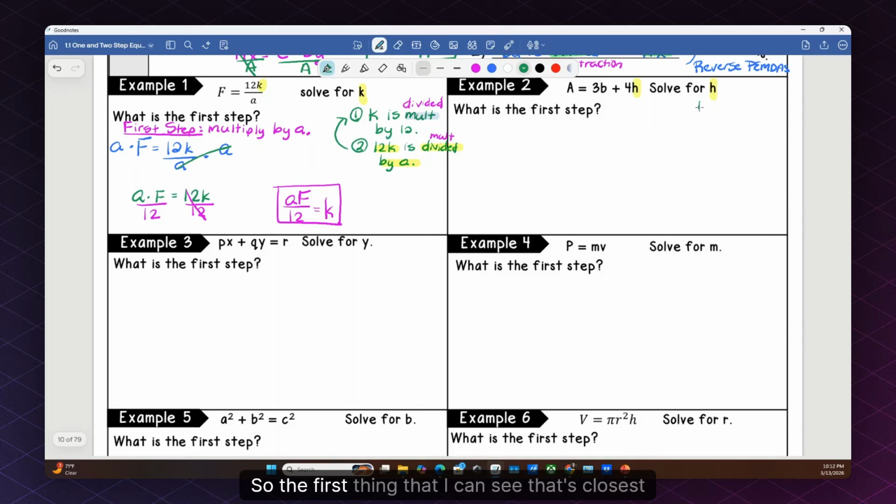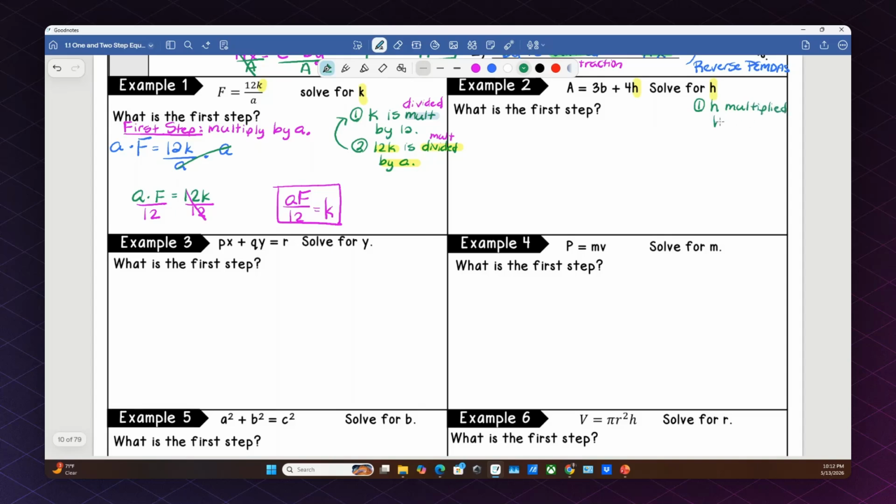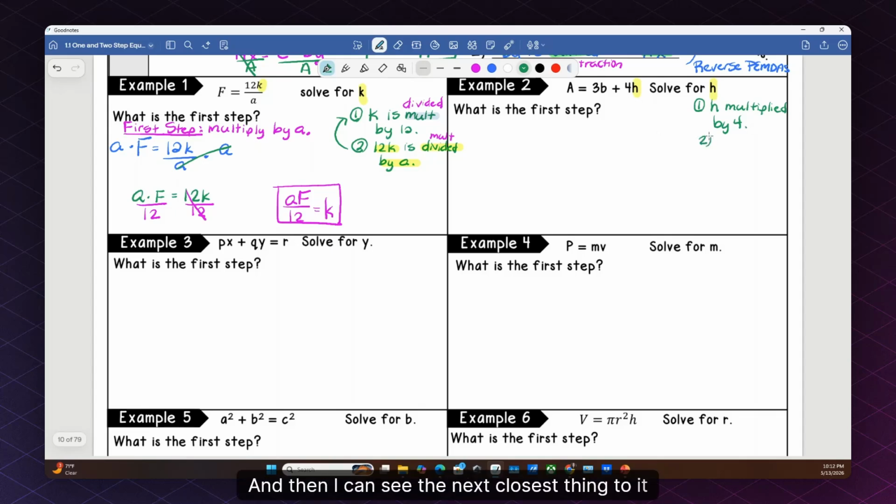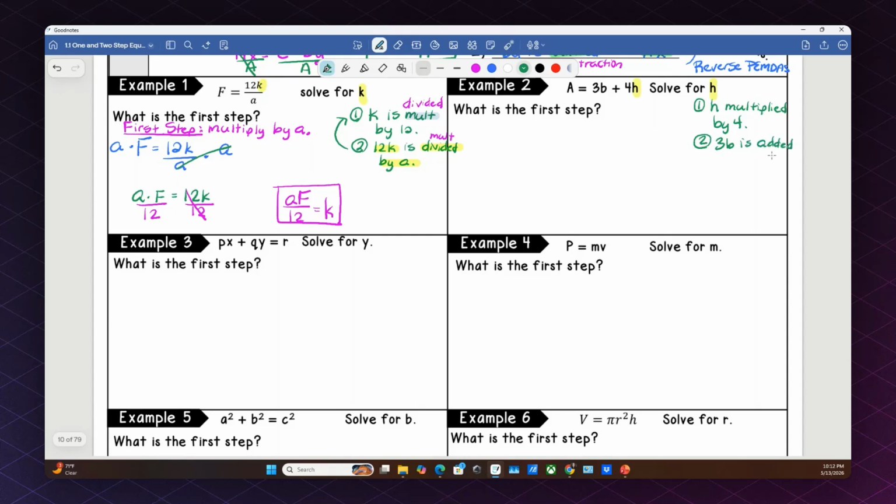So the first thing that I can see that's closest to h is multiplied by 4. Okay. And then I can see the next closest thing to it is here where 3b is added to 4h.